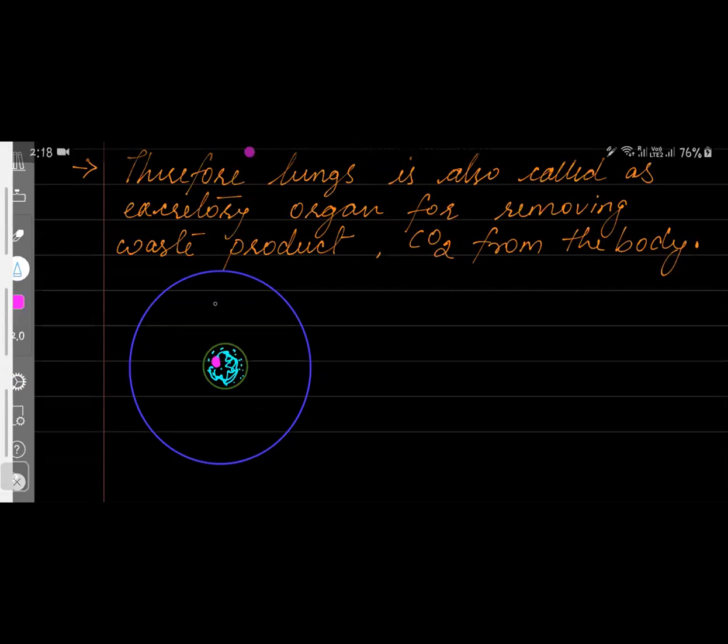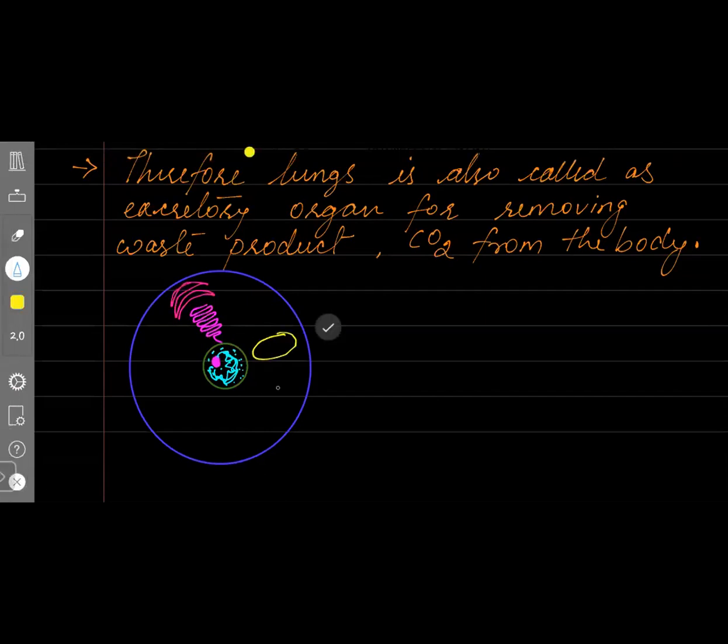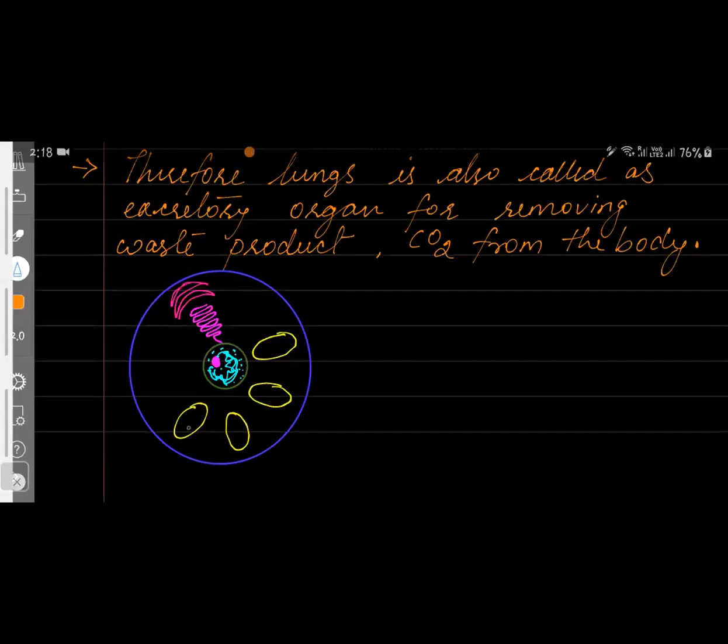Outside here you can find endoplasmic reticulum, and then you can find Golgi bodies like this, but you will find one more organelle, which is mitochondria. We are going to give importance to this mitochondria.